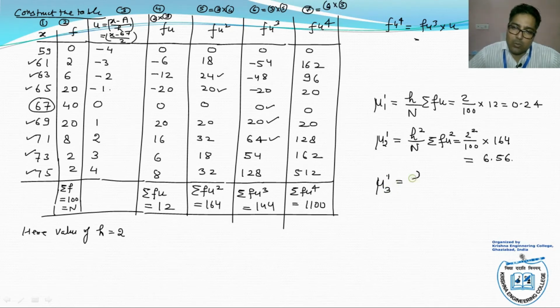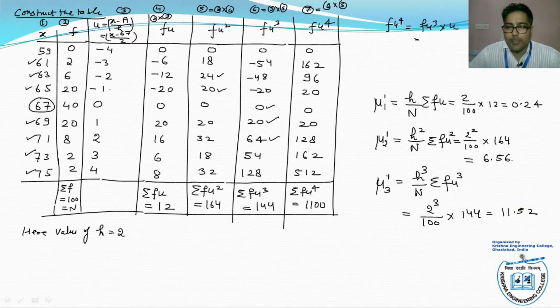Clear? And mu 3 dash is equal to h cube by n sigma fu cube, 2 cube by 100 into sigma fu cube 144 is equal to 11.52. Clear?